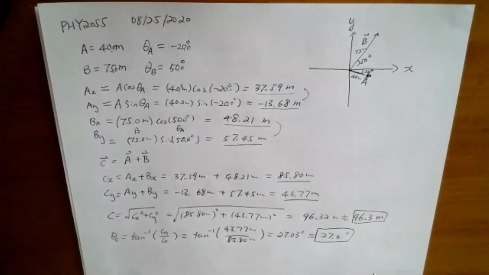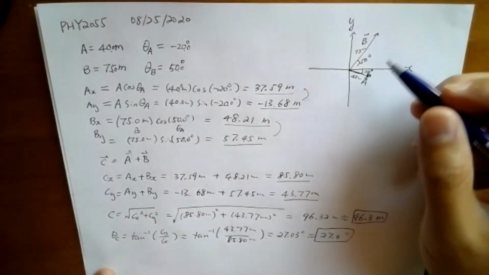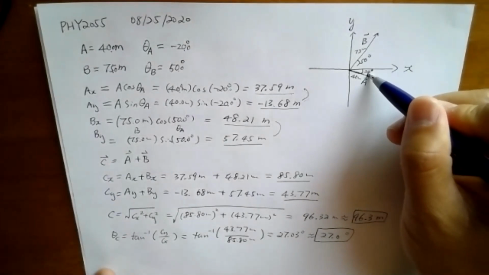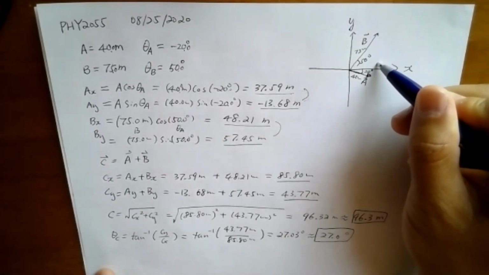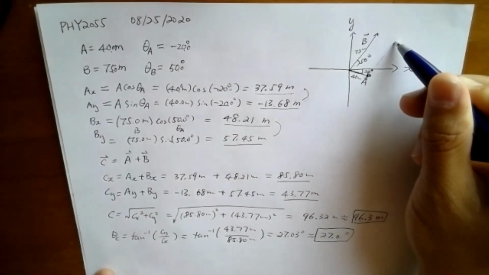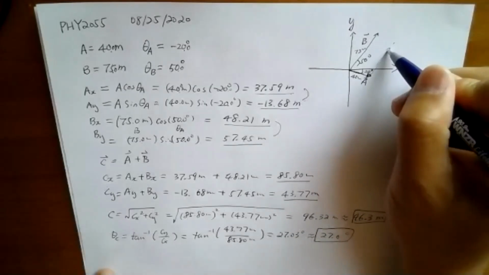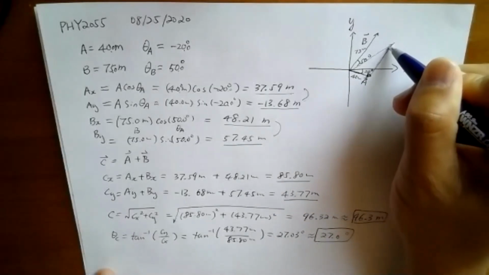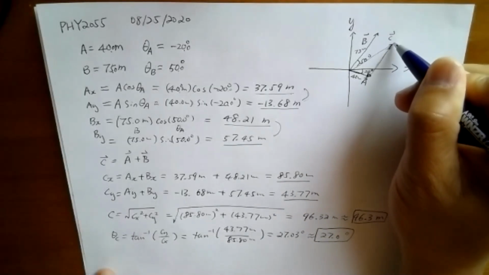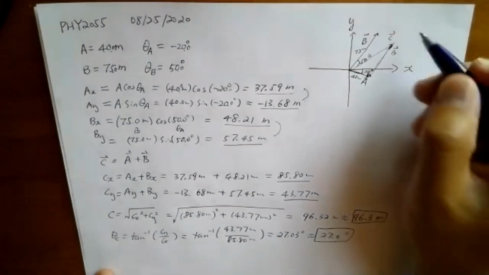All right. So on the graph here, you can do it this way. If you are doing A plus B, you can move B parallel over here, so it will be something like this. This would be the B vector, then your resultant vector will be in that way, so the C vector in that sense.